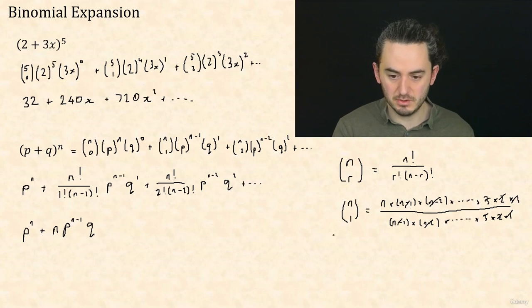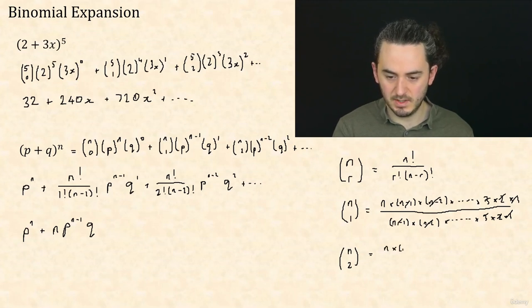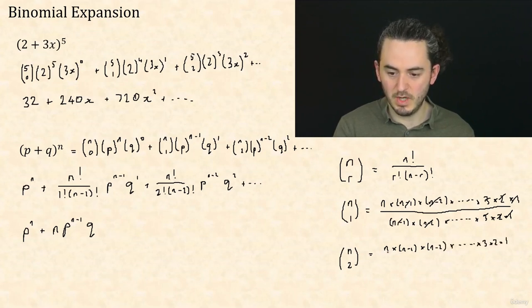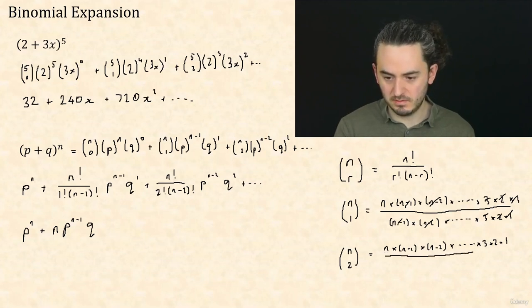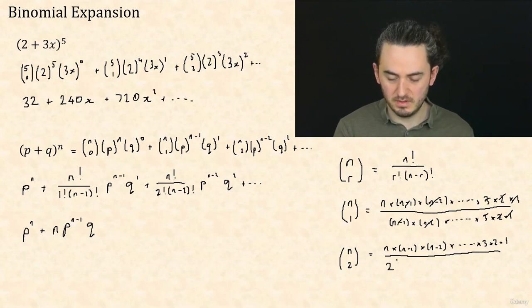Okay, what about this? This was n choose 2. So if I think about what that one means, well, I've got n factorial on the top, so that is, once again, n times n minus 1 times n minus 2, and then everything all the way down to 3 times 2 times 1. And then we're dividing that by r factorial, so 2 factorial, and then n minus 2 factorial.